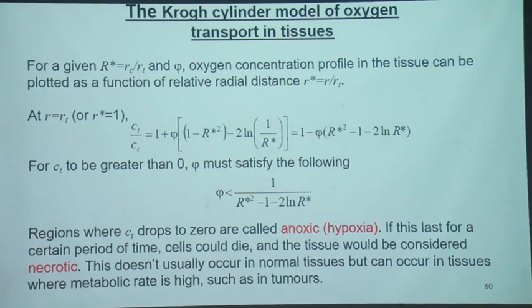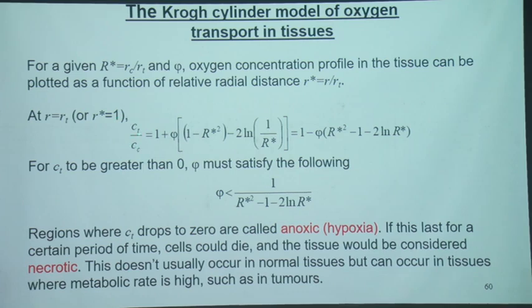So we'll be interested in looking at the concentration profile within the tissue. So look at R equals RT. This is at the edge of the tissue, the edge of the tissue that is supplied by each capillary vessel. So that R star equals 1, and then the expression is like this.